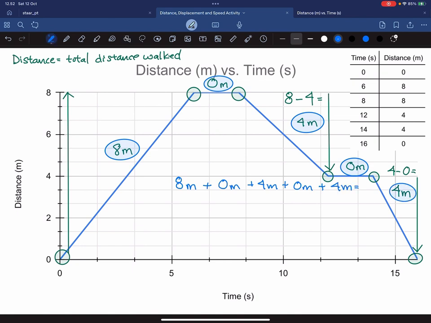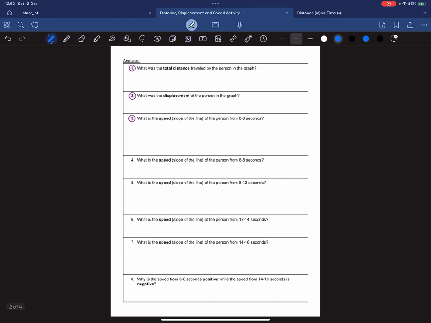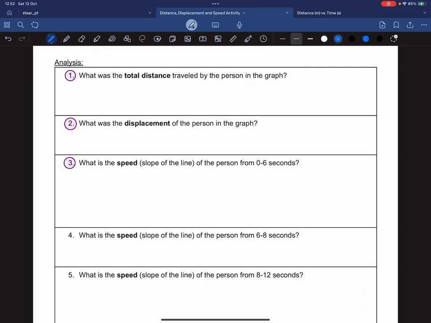And that is going to add up to 16 meters total. And that is how far you've walked, the distance that was traveled. So, 8 meters plus 0 meters plus 4 meters plus 0 meters plus 4 meters is equal to 16 meters.